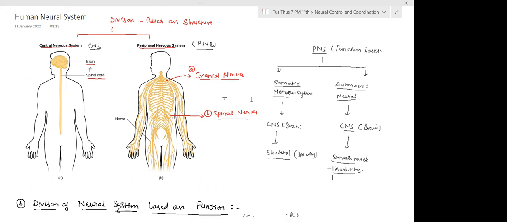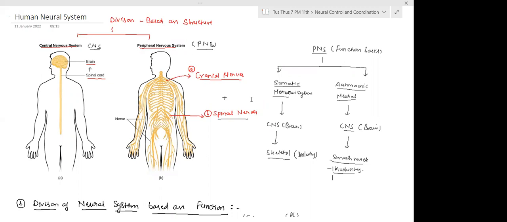Based on the structure, we can divide nervous system in 2 parts: central nervous system, that is called CNS, brain plus spinal cord, and peripheral nervous system, that is PNS. PNS is made up of cranial nerves and spinal nerves. Got it? Again, PNS can be divided into 2 parts on a functional basis, right? We divide it into 2 parts: somatic nervous system and autonomic nervous system.